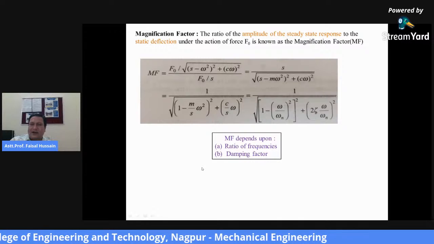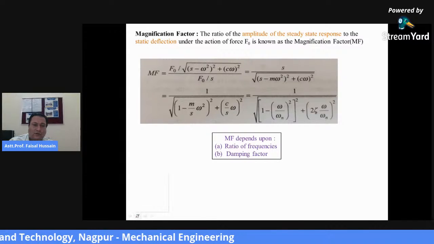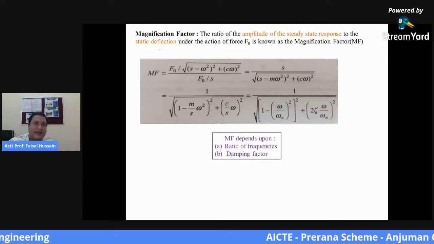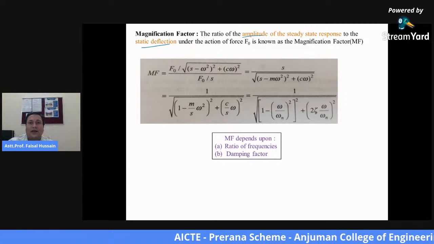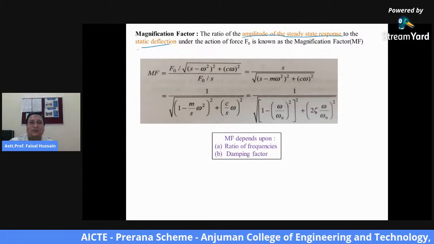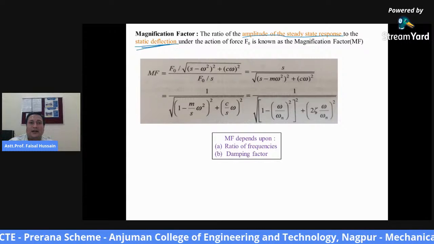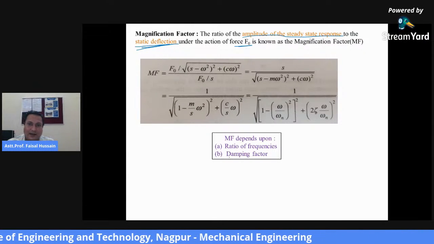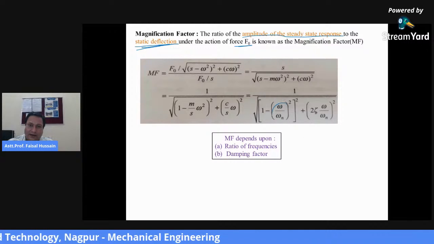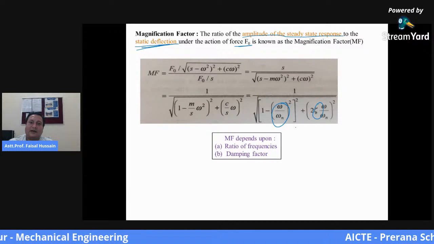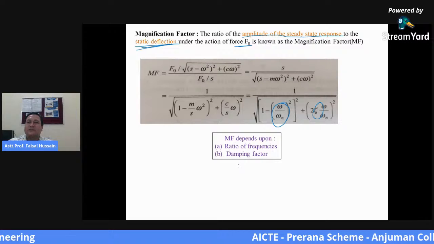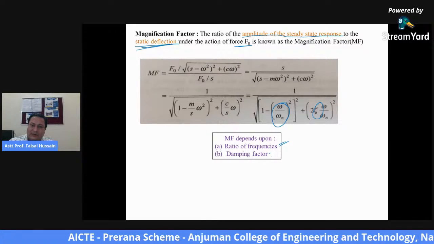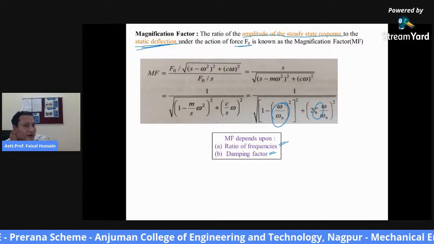Magnification factor is defined as the ratio of amplitude of steady state response to the static deflection under the action of force FO. Clearly you can see that the magnification factor depends on frequency ratio and zeta, like the amplitude of steady state response. So magnification factor depends on frequency ratio and your damping factor.